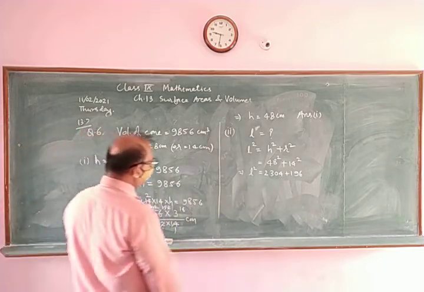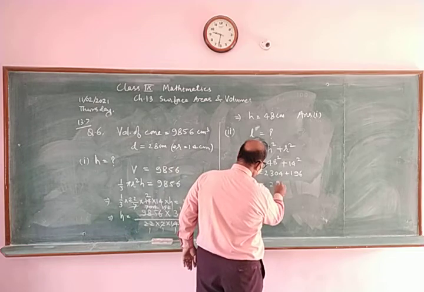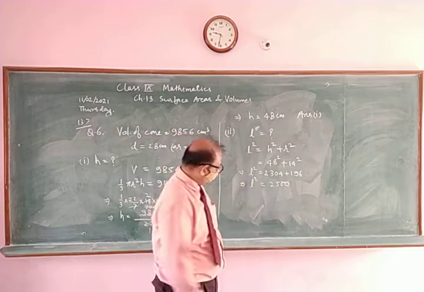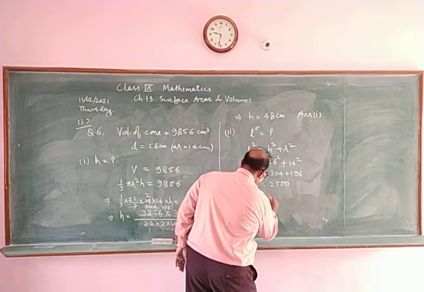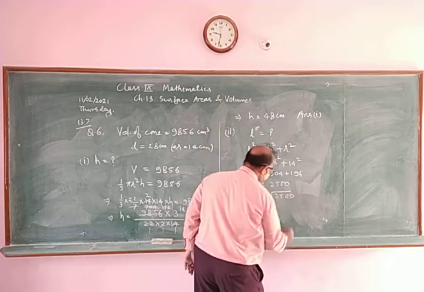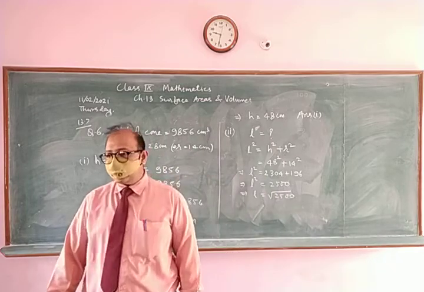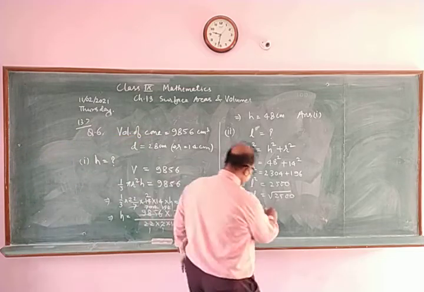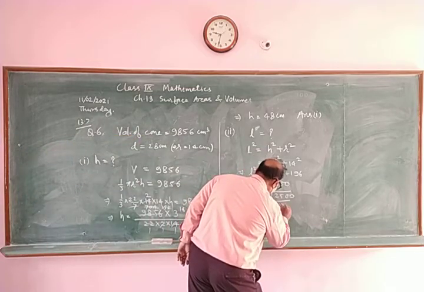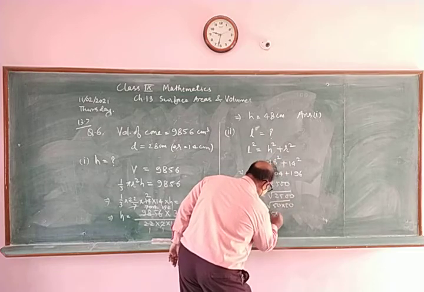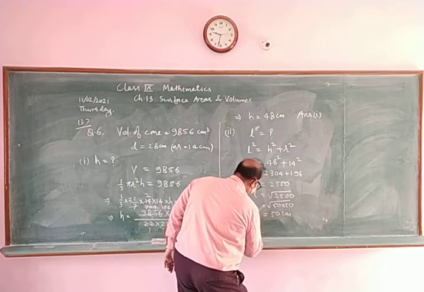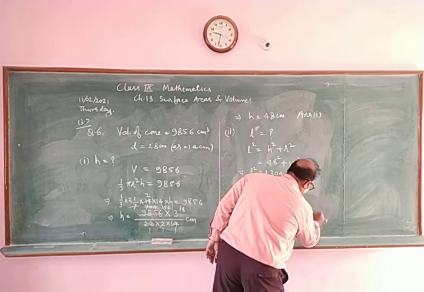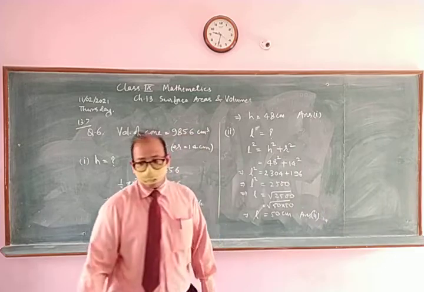It is equal to 2500. So L square is equal to 2500. So L will be square root of 2500, and it is equal to root 50 into 50, which is equal to 50 centimeter. The slant height is 50 centimeter. Answer number 2.